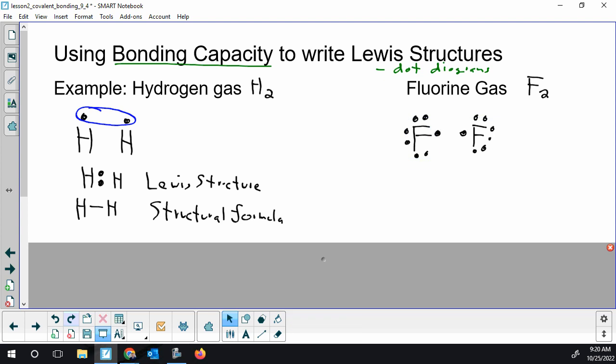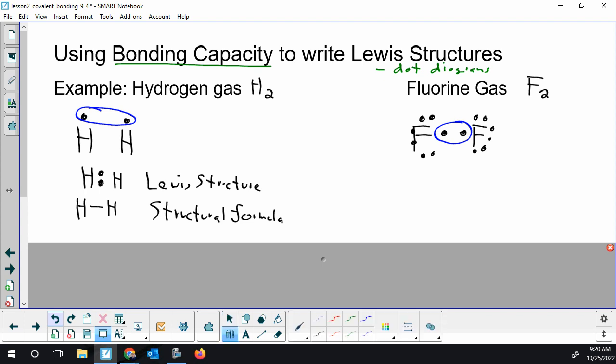No. Okay. I have the dots in between, so I'll leave it. There's my 1 pair of dots in between the 2 fluorines. So that is the 1 bond, and then I have 3 lone pairs around each of the fluorines.